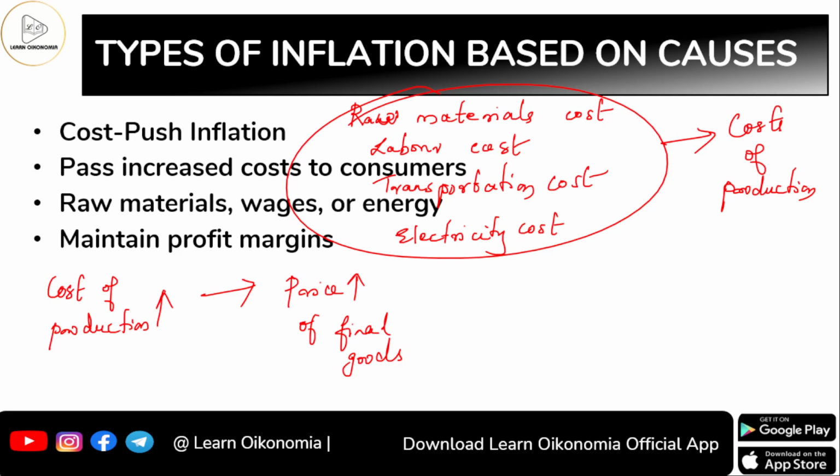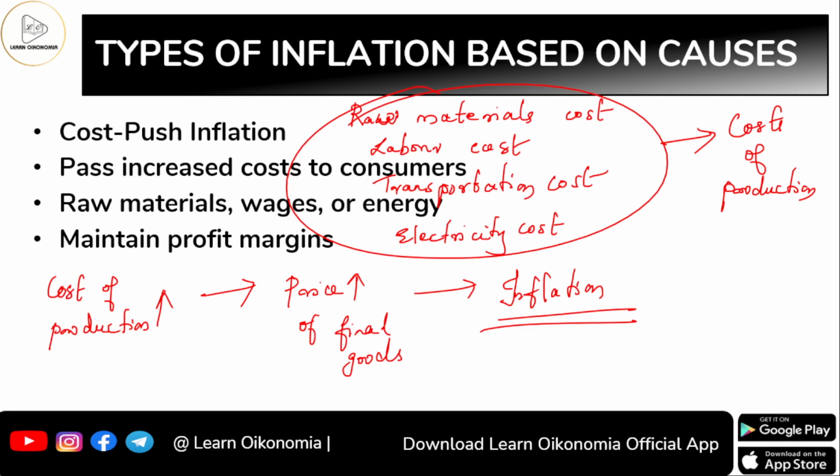This is just to maintain his profit margin. So what will be the effect here? Your prices of final goods and services would be increasing, and for the same reason we are talking about a scenario of inflation. So inflation can also be pushed by cost of production, which is called cost push inflation.